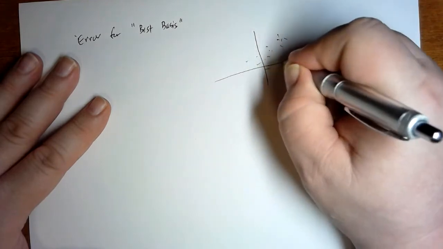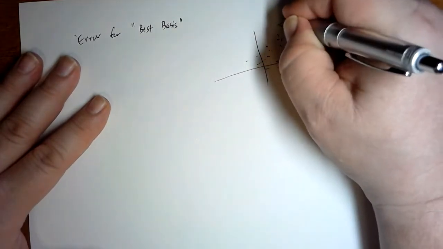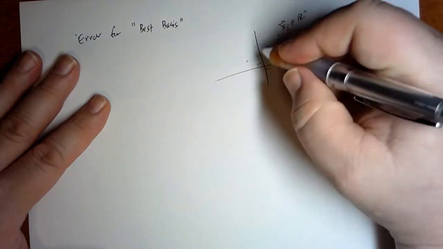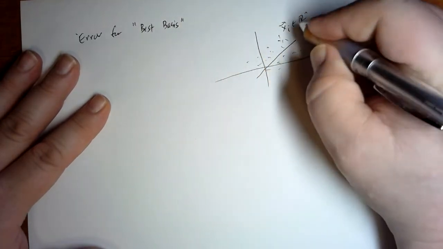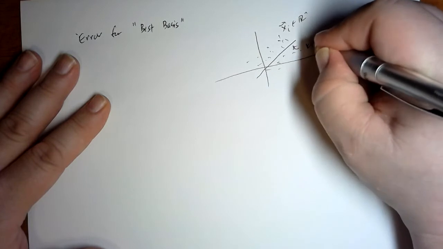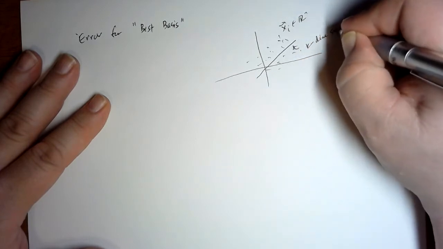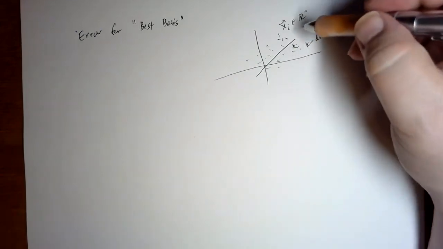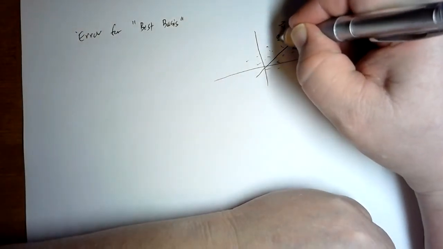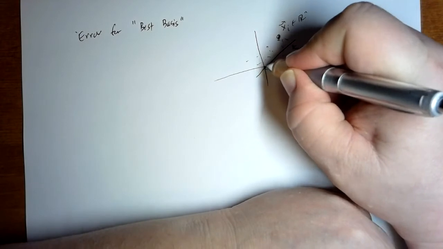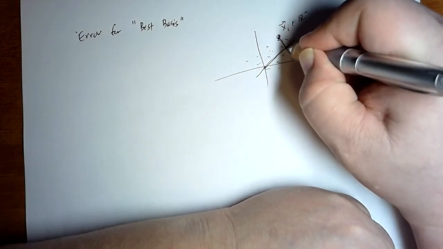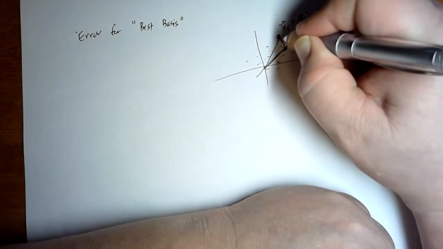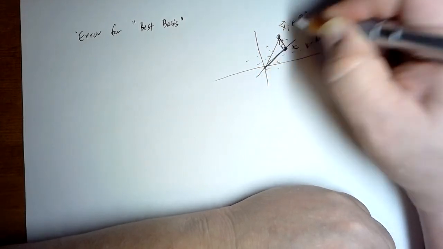If I've got a bunch of data, let's just say these are in Rn, and I've got a k-dimensional subspace, then I can write each point xi as a point in the k-dimensional subspace plus a point that's orthogonal to that subspace.